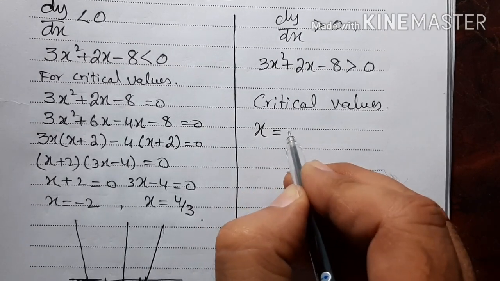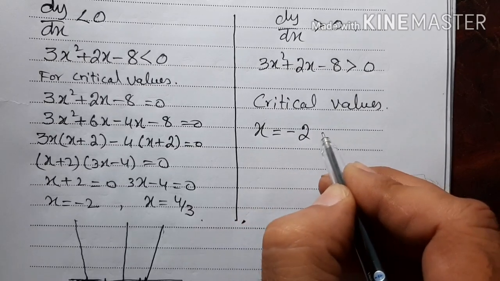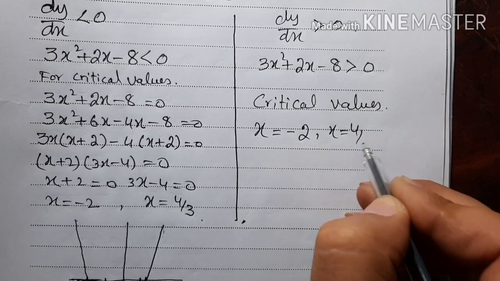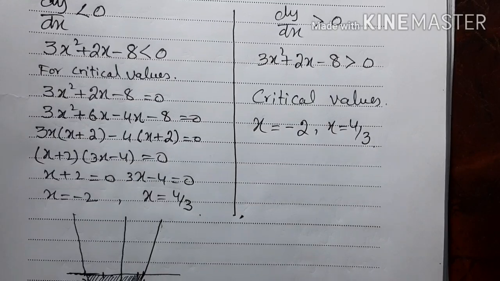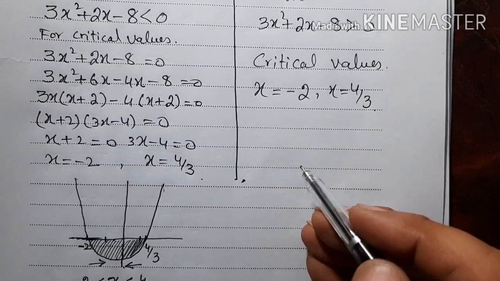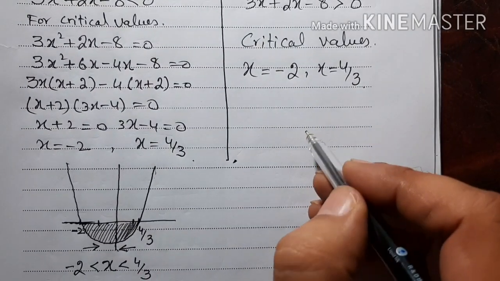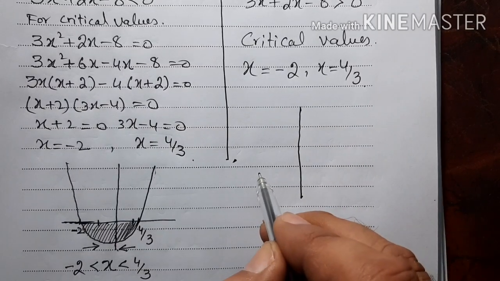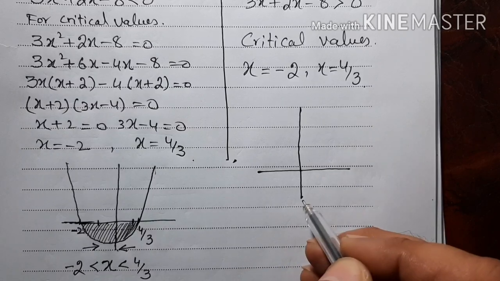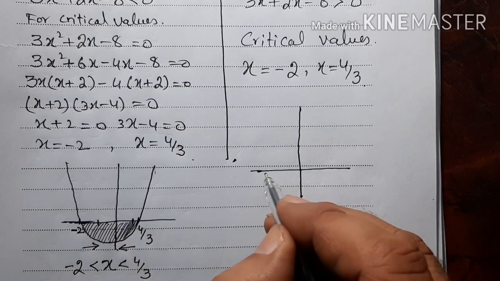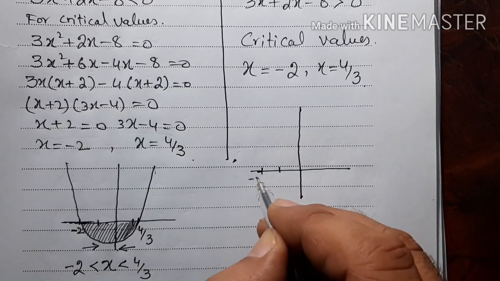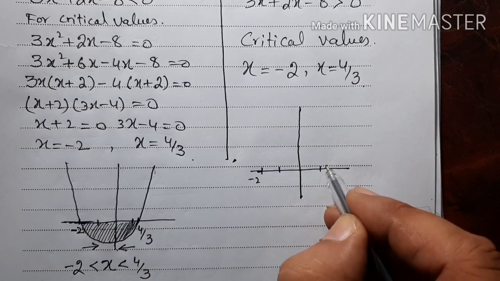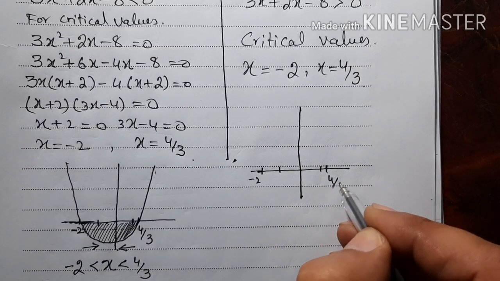X is equal to minus 2 and x is equal to 4 over 3. So again, if I draw the parabola, this is minus 2, this is 4 by 3.